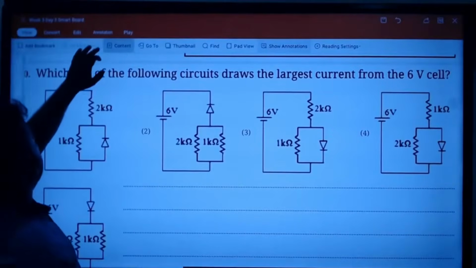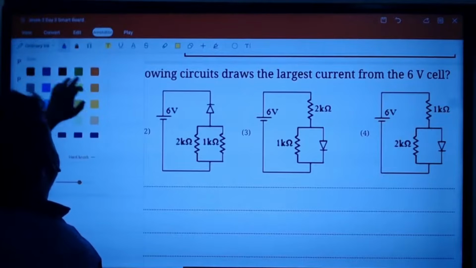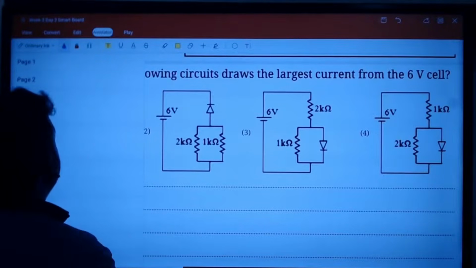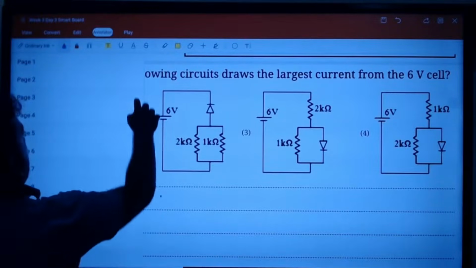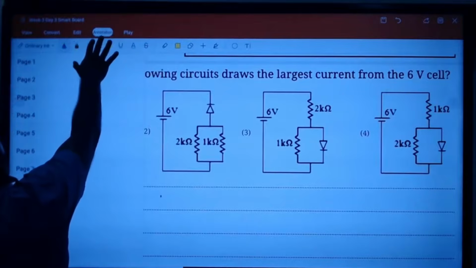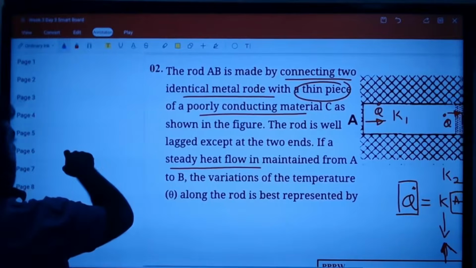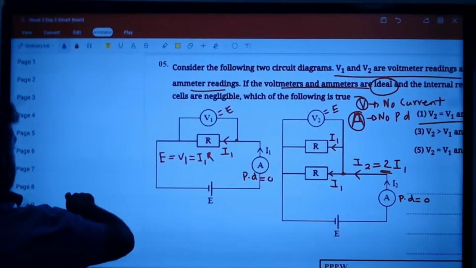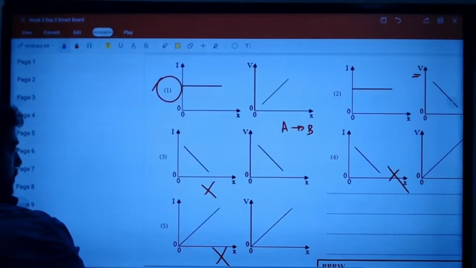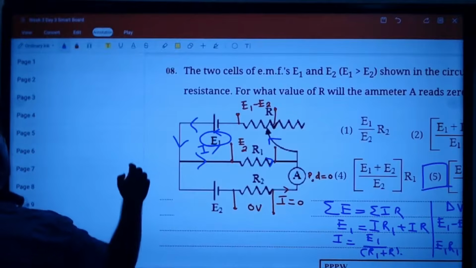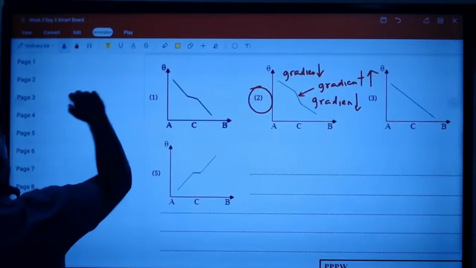Next one. Okay, go back to variance. Wait.